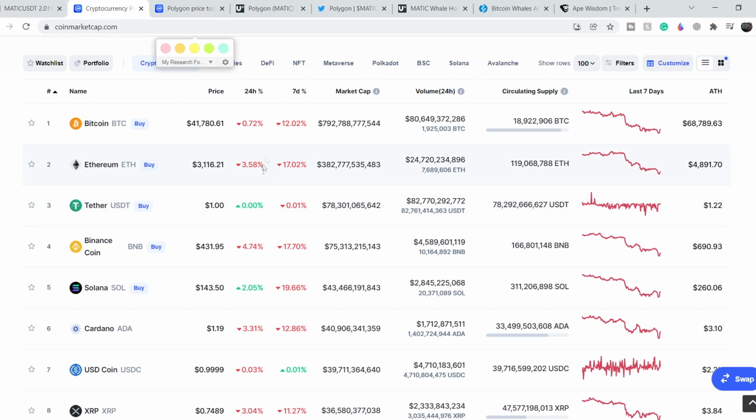And as you can see, major cryptocurrencies are in red, and especially they are deeply in red over the 7 day period. Bitcoin lost about 12%, Ethereum lost about 17%, and Binance lost about 17.7%, and Binance even becomes the fourth biggest coin. It lost one position, and Tether for now is in third place.